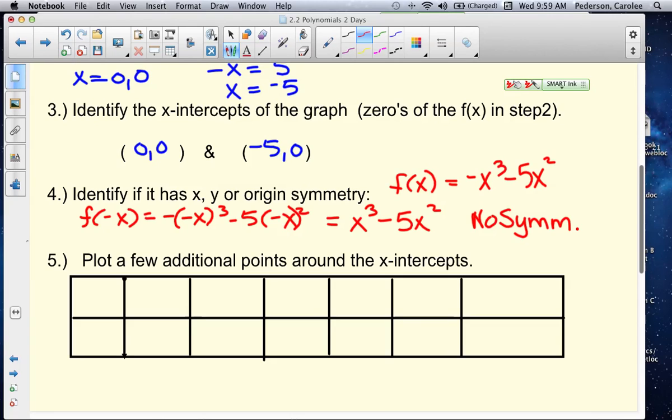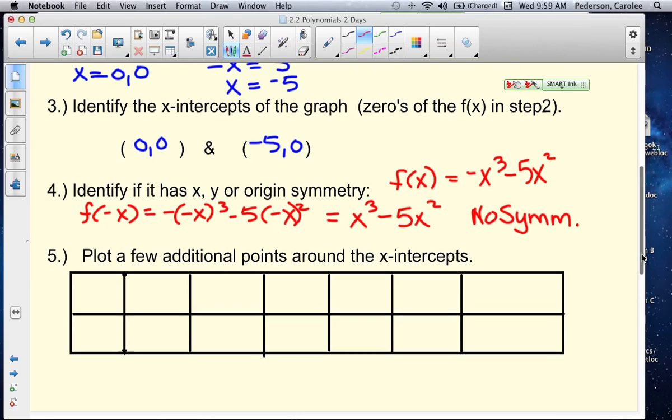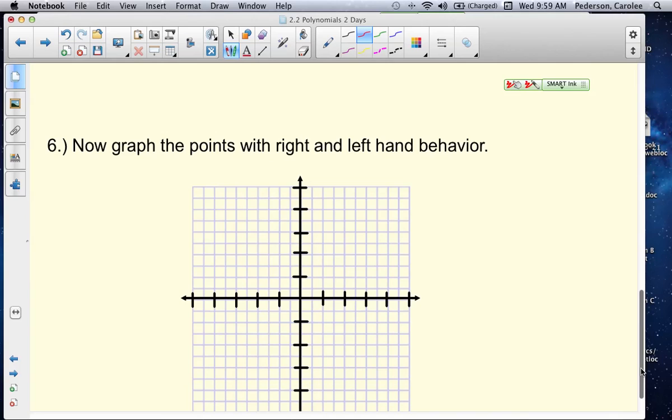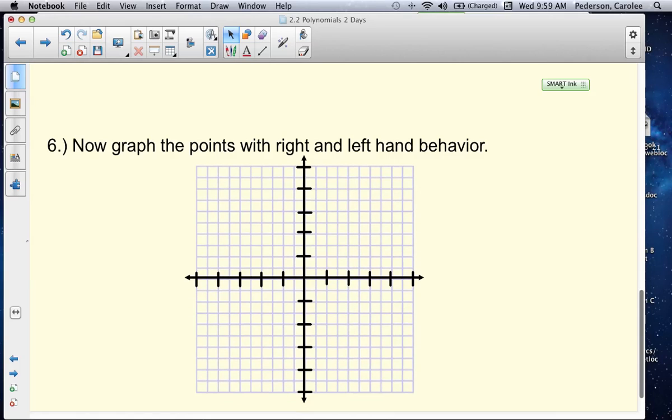Now before I do step 5, let's just see what we have so far about our graph. So I'm going to start off by graphing the end behavior and the x-intercepts.